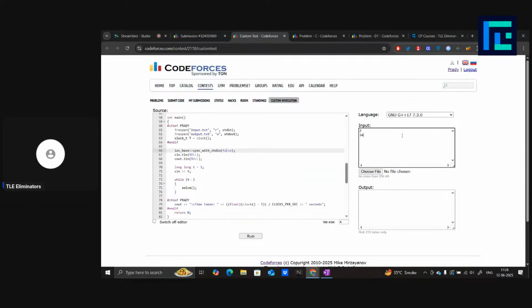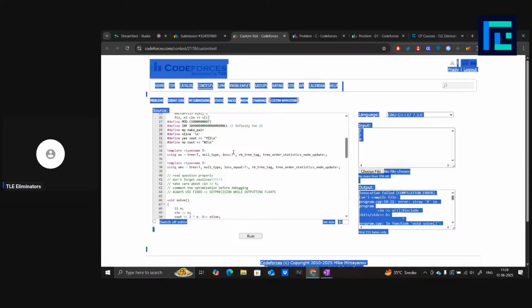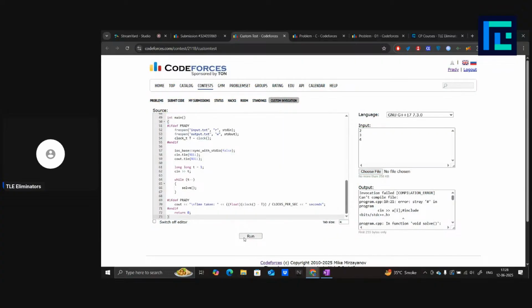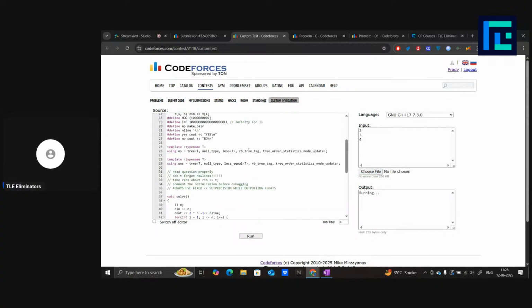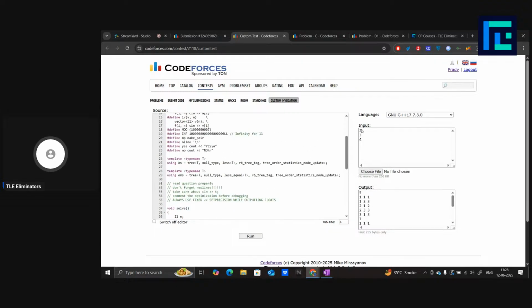So for example, for 3, it prints 5. Then it prints in the first row 1 to 1 and 2 to 3.